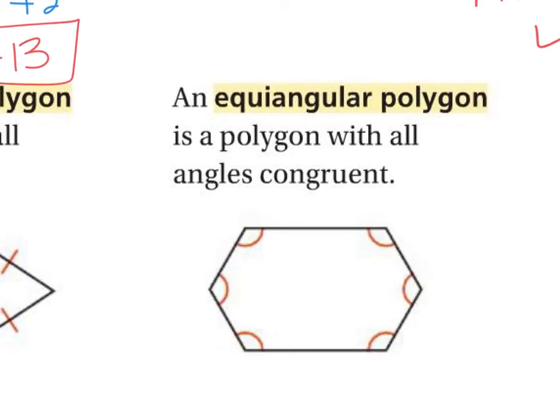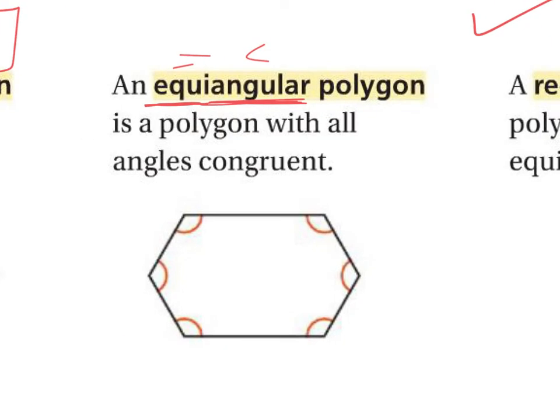Okay, an equiangular polygon. Angular is the key word, and equiangular means equal angles pretty much. It's a polygon that has all angles congruent. Okay, and now here's the last one.